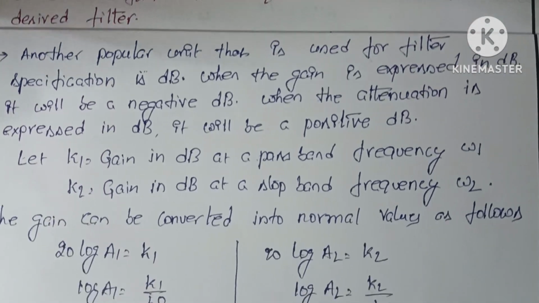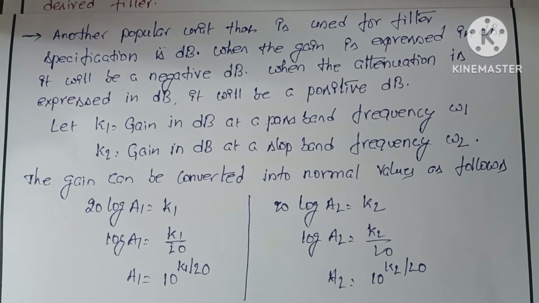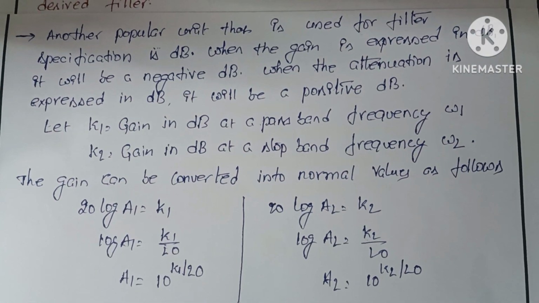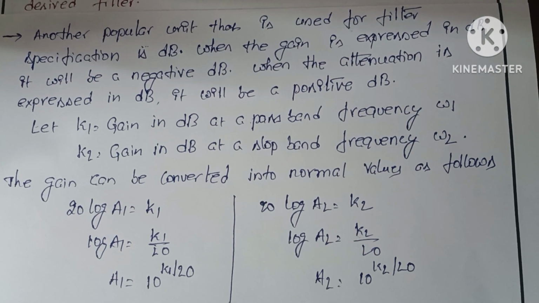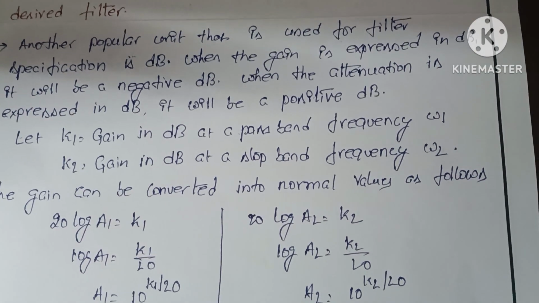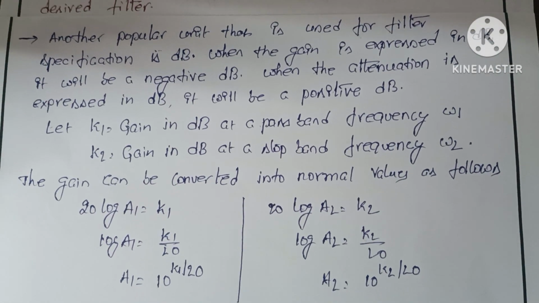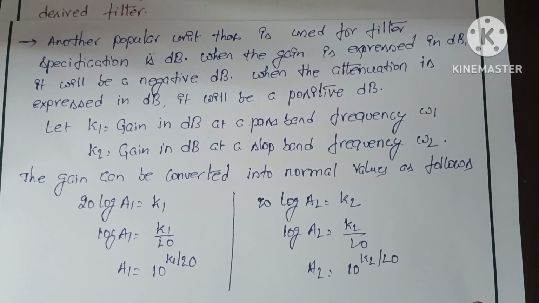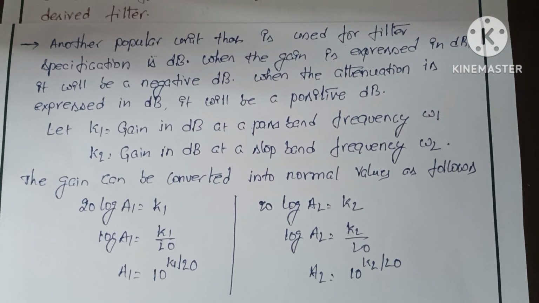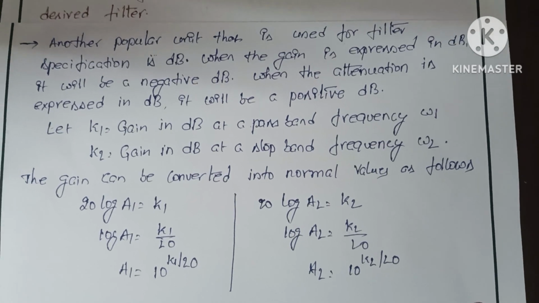Before we start our actual problem, let me explain one important concept. Another popular unit that is used for filter specifications is dB. Generally, the filter specifications have to be mentioned either in terms of the gain or expressed in terms of dB.